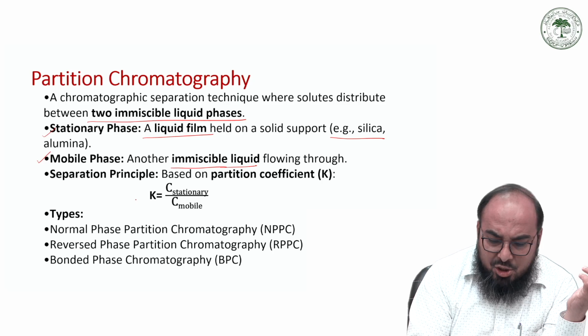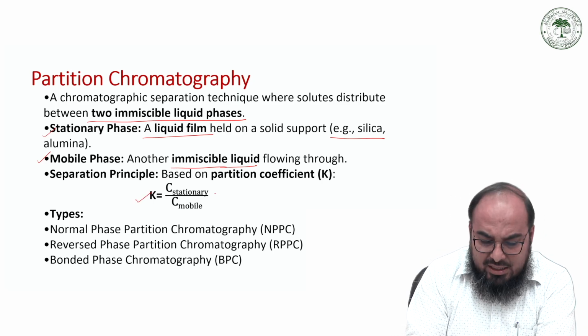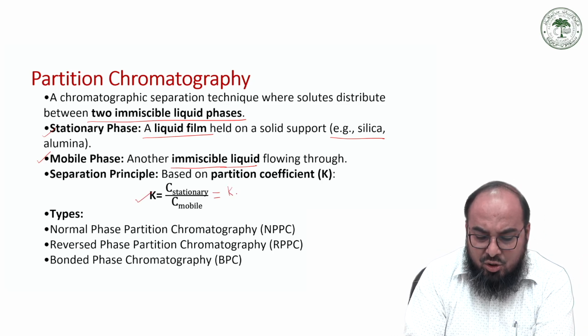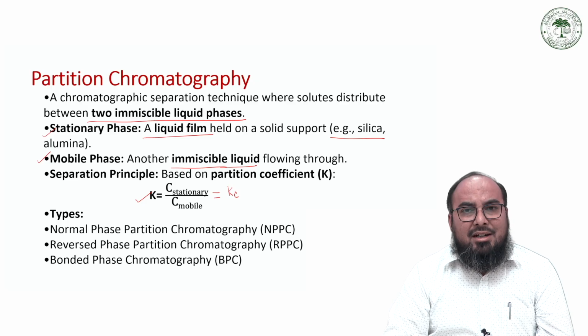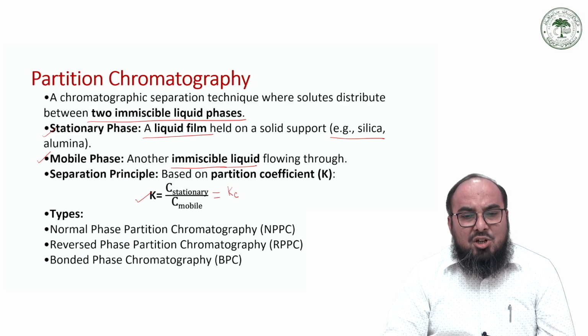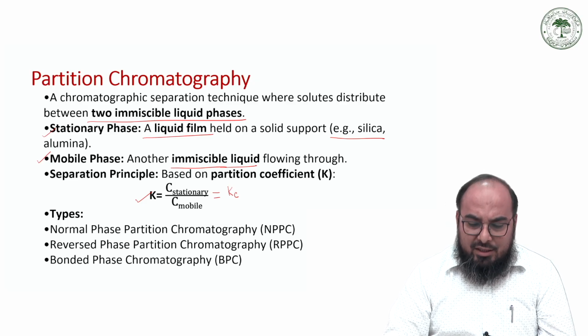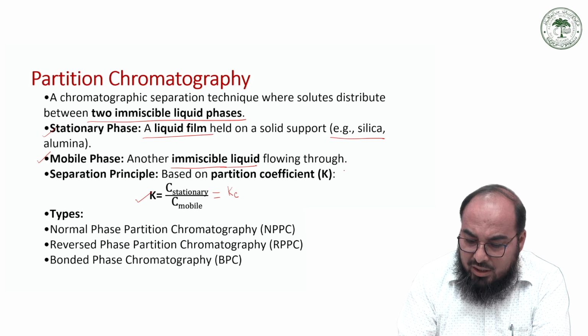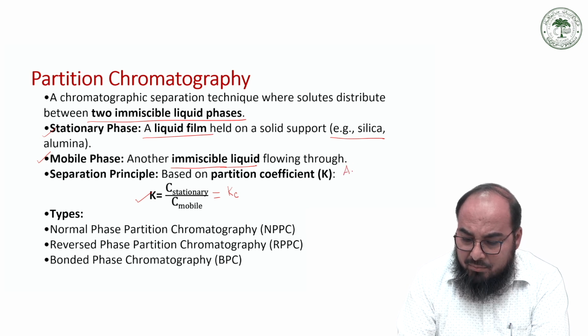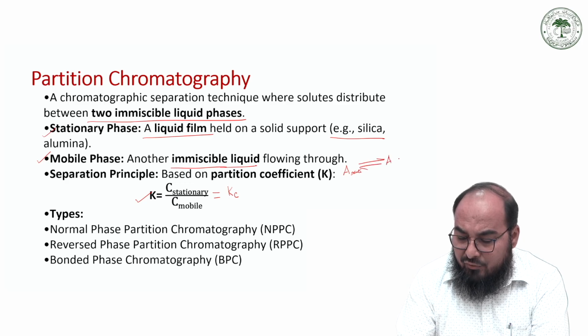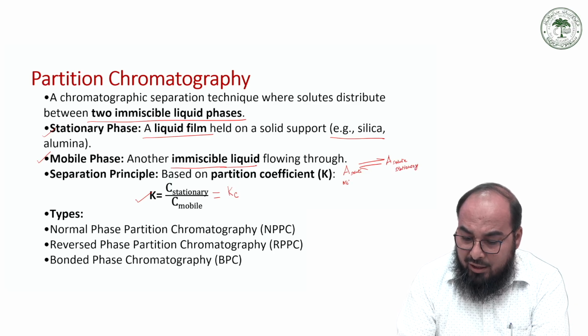The partition coefficient may also be defined in terms of the distribution constant, Kc, that is, stationary phase upon mobile phase, because your solute gets partitioned between the stationary phase and the mobile phase.